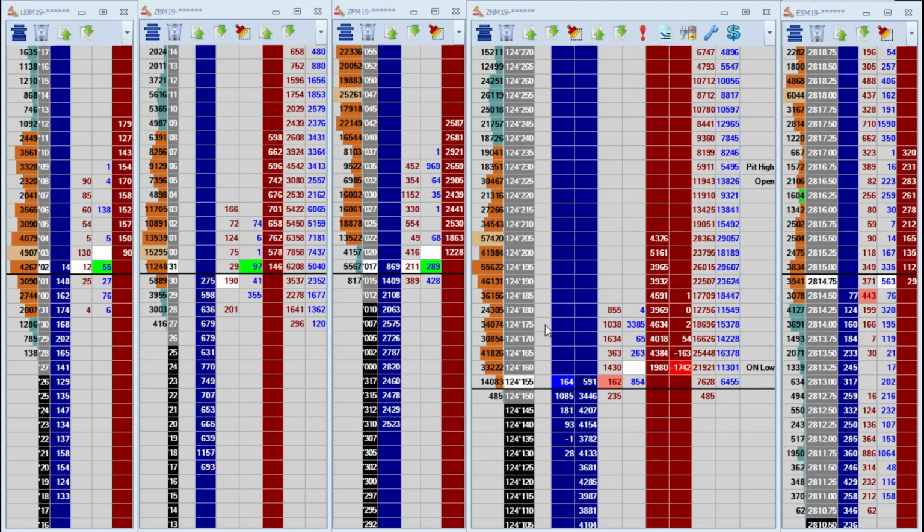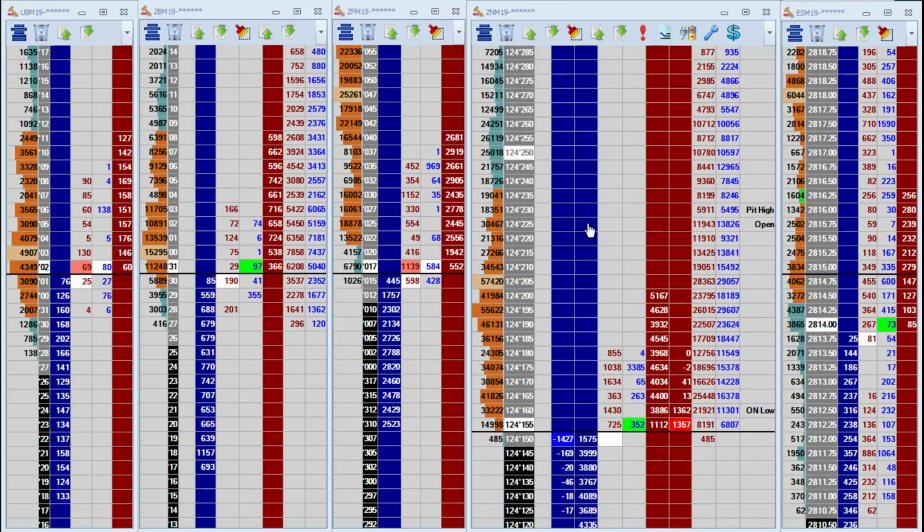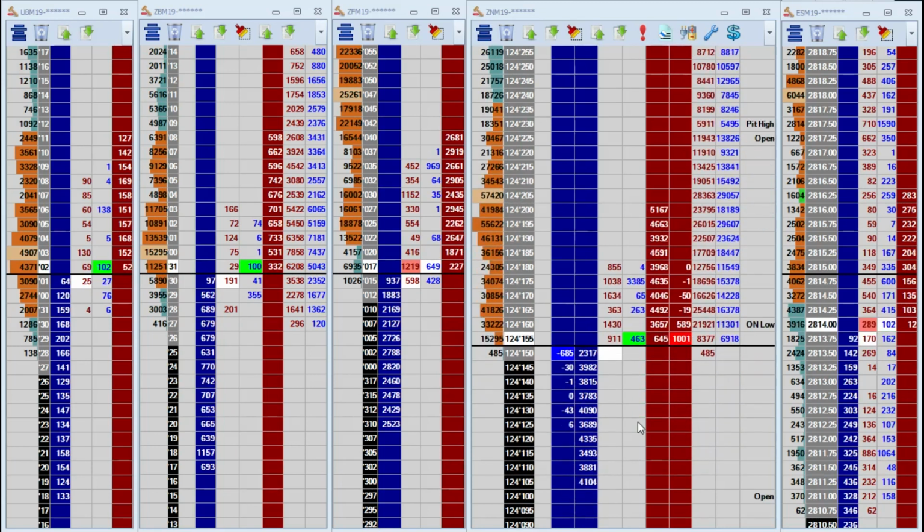Then some news came out and we shot up to 25.5, right around this area here. And then we've just sort of been slumping down ever since. The pit opened, it kind of went crazy in this little area, and then it's been selling off ever since.